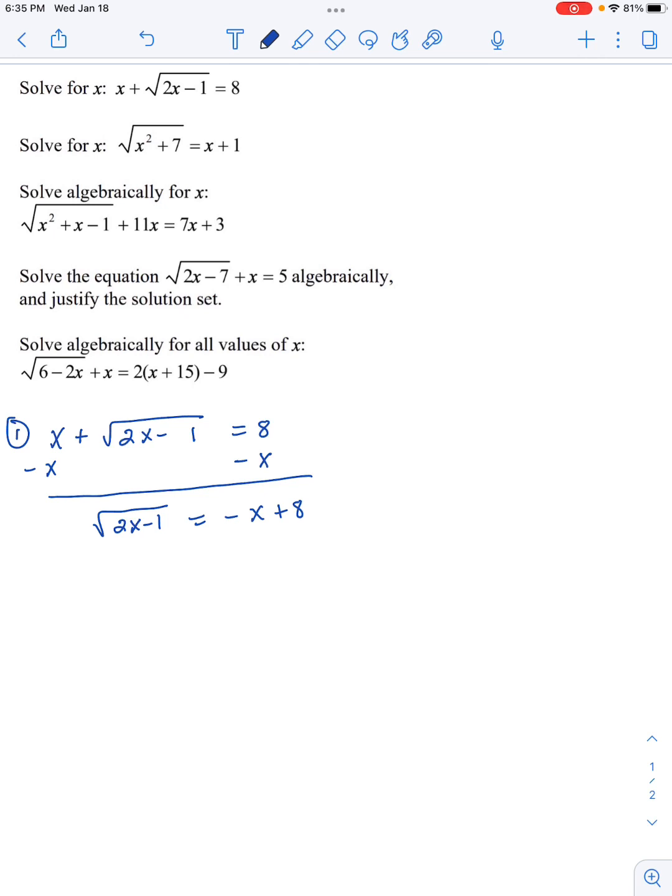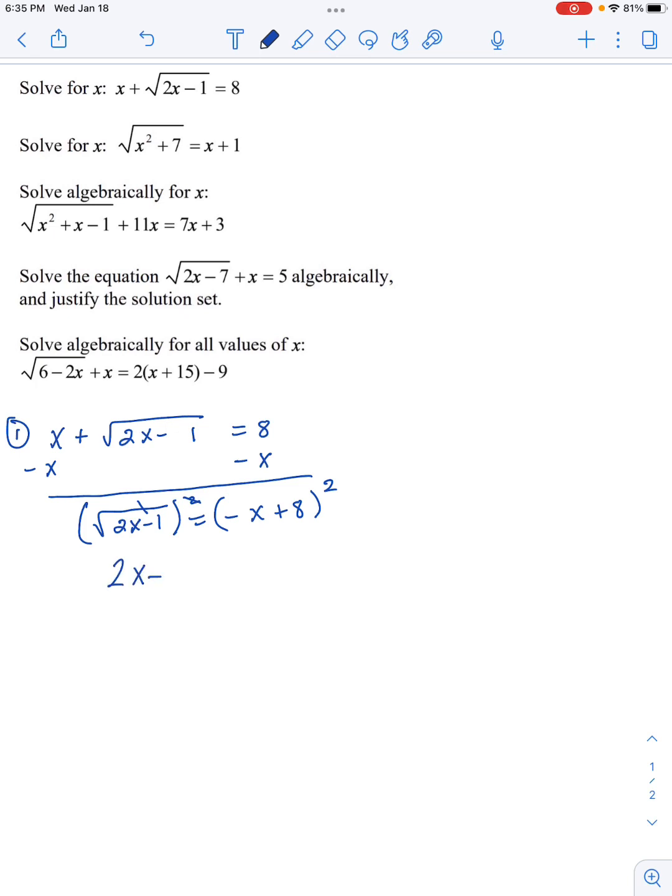So now when we are solving radicals, we need to get rid of the root. So to do that, we want to do the opposite of the square root, which is squaring. So I'm going to square both sides. Okay, here these cancel because they're opposites.